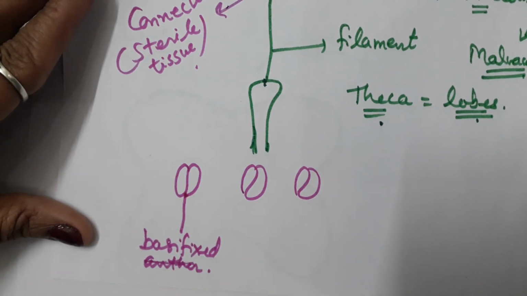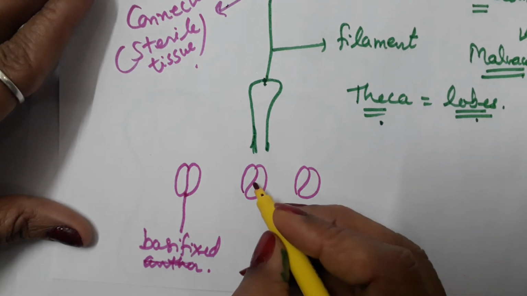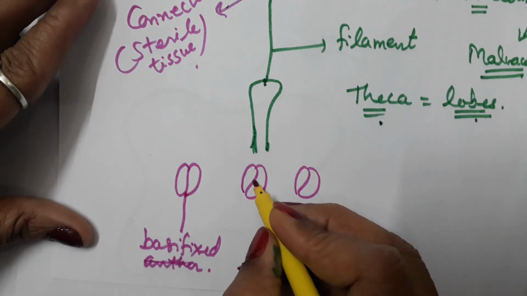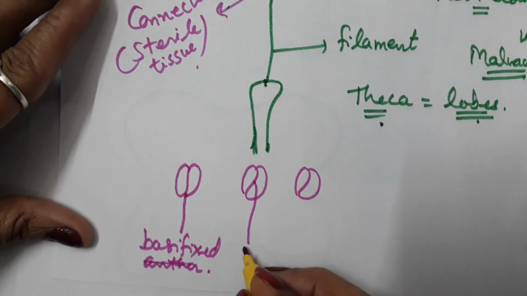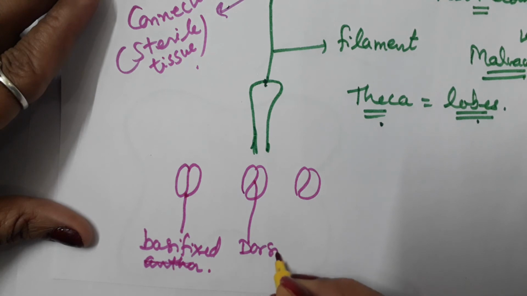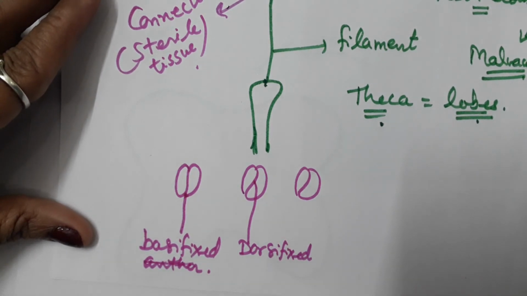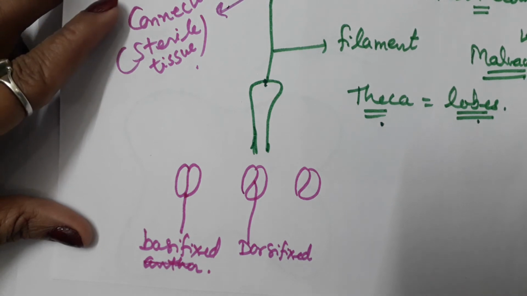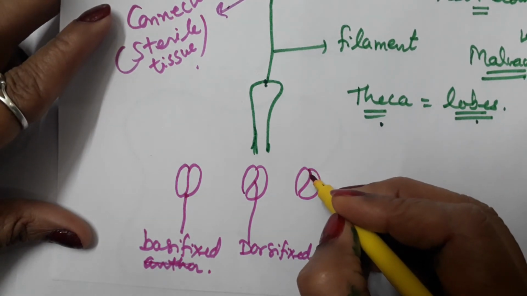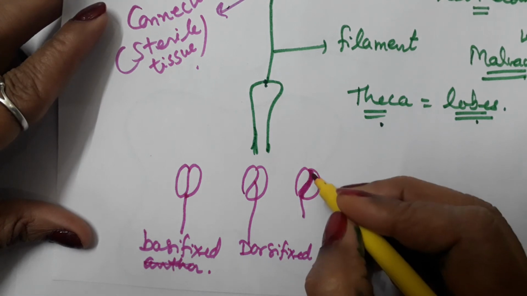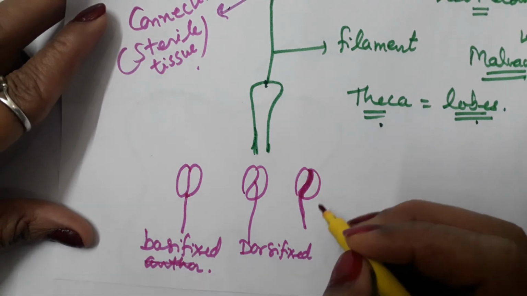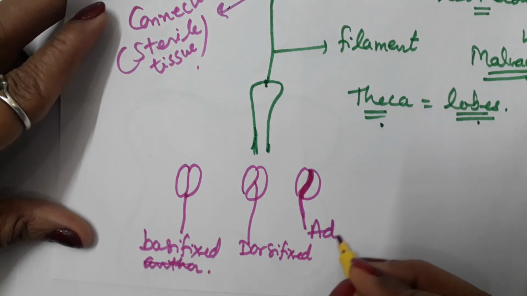If the filament is attached with the dorsal side of the anther lobes, then it is known as dorsifixed stamen. Sometimes the filament is attached along the entire length of the anther lobes, then it represents the adnate type of stamen.